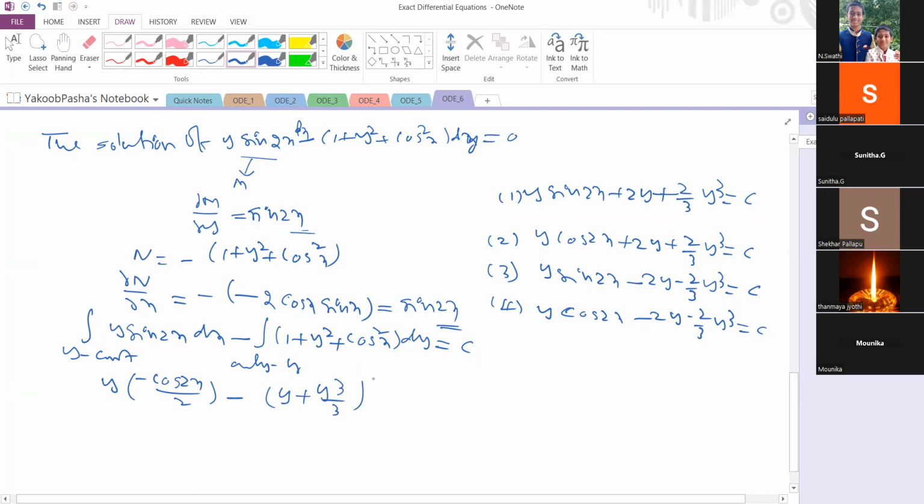Here no y terms, so that is equal to c. So here we can take minus common, y cos 2x by 2 plus y plus y cube by 3 is equal to c. So we can write y cos 2x plus 2y plus 2 by 3 y cube is equal to c.